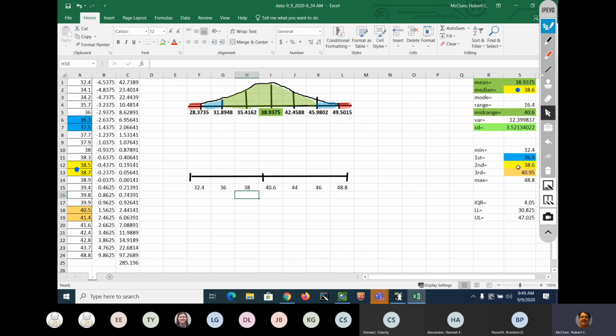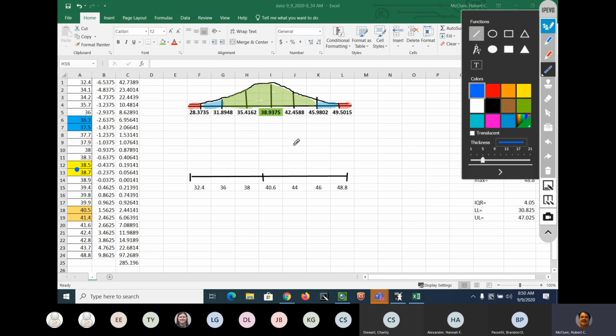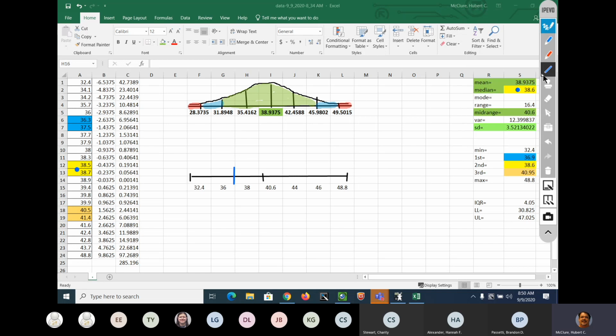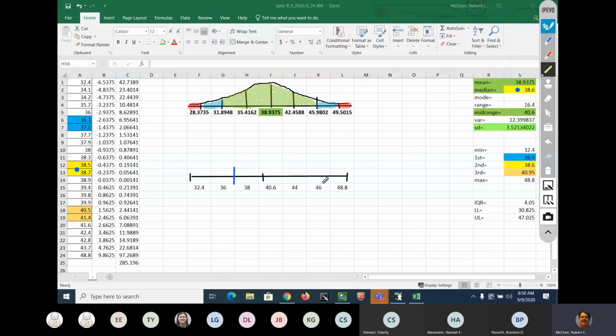Okay, now I take my blue marker and put it at 37. 37 is right in here. That's not going to work. Hold on. Let me go to the line. Put a blue line at 37. And what are my other lines? Let's see. That yellow line at 39. 39 be right in here.